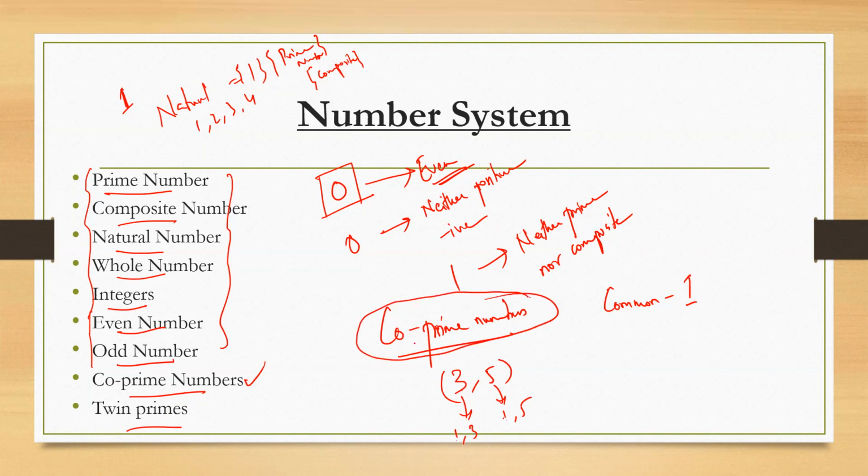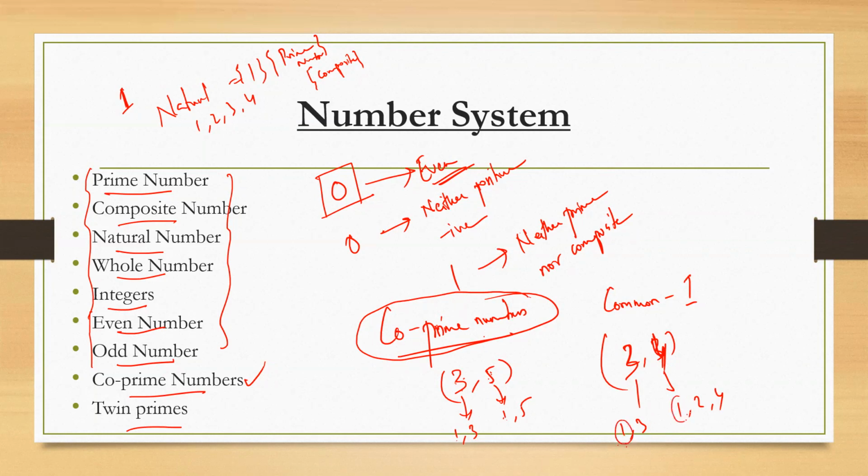Now, when we talk about co-prime numbers, is it necessary that they have to be prime numbers? Like here it is 3 and 5. It is not necessary. For example, if you take 3 and 4, what happens here? Here the factors are 1 and 3. Here the factors are 1, 2, 4. Again, the common factor is only 1.